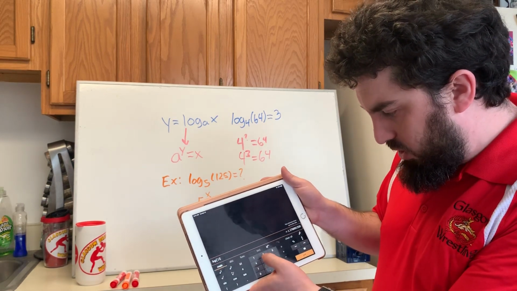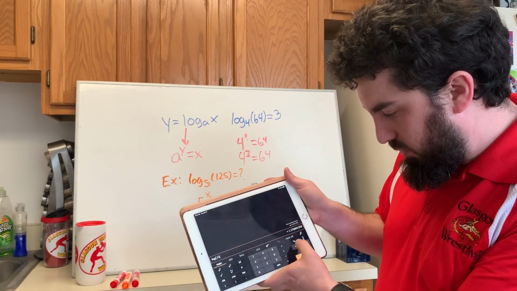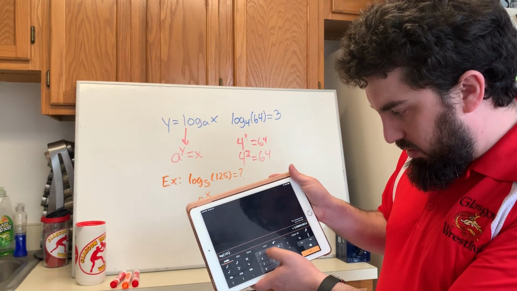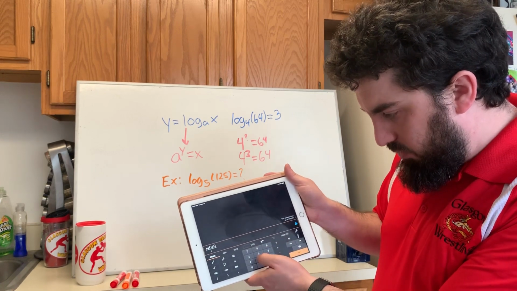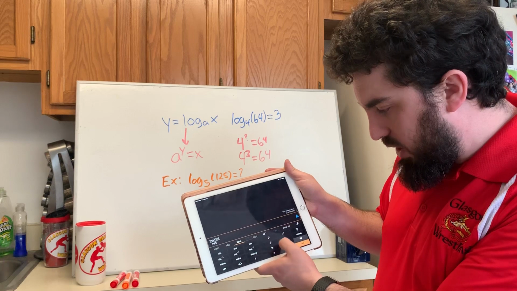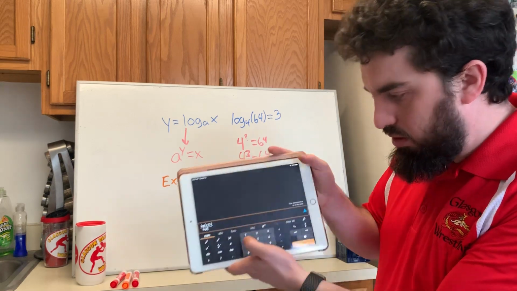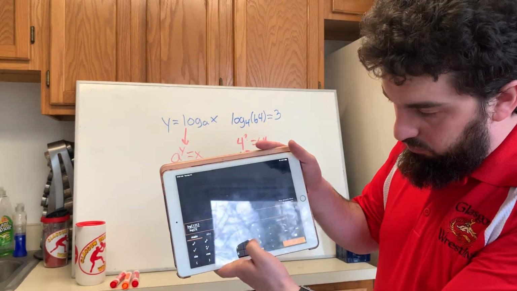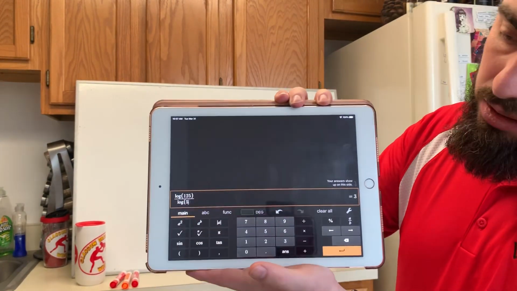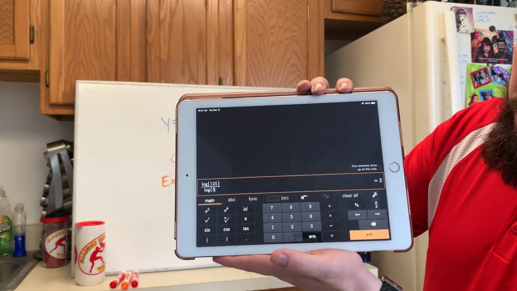Log of 125 divided by, since my base is 5, the log of 5. And indeed, I get 3 typing that into the calculator.